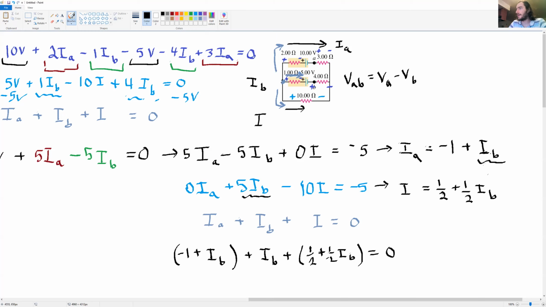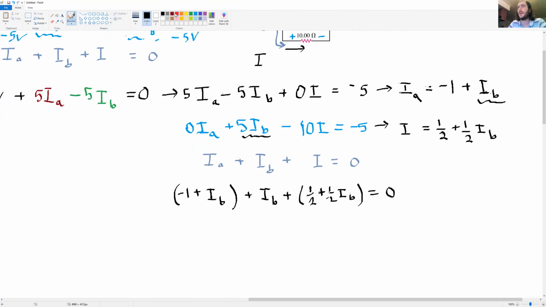And now looking at this equation here, we have a lot of stuff we can combine. Let's go ahead and change the color here. So we have a -1 and a plus 1/2. So that's -1/2.